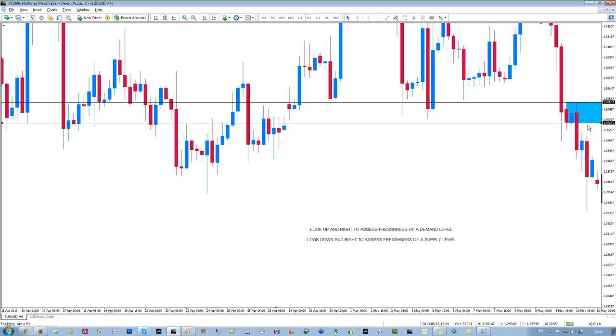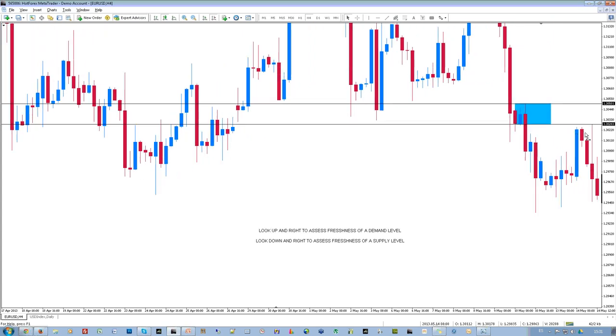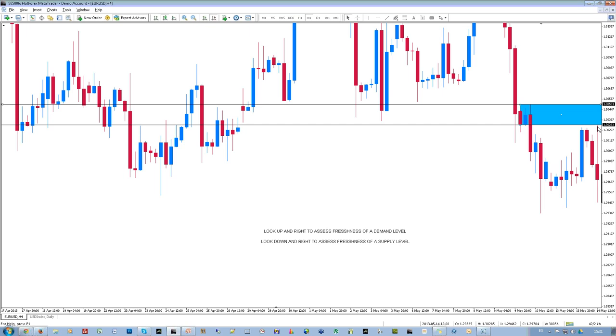So for a supply level, we look down and to the right, and we see that the level is fresh, has not been retested. So we continue like this, and then here the level is retested.